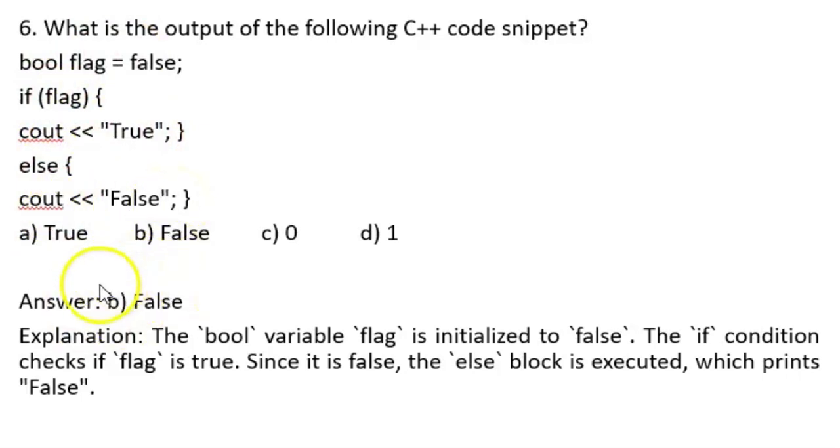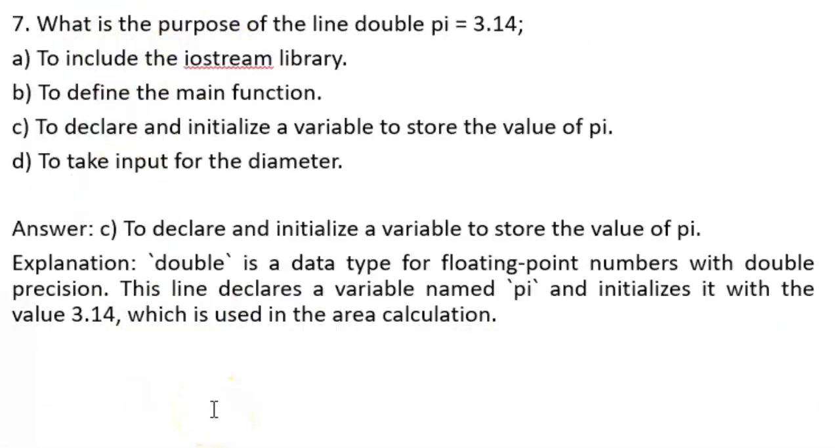The answer is false because the Boolean variable flag is initialized to false. The if condition checks if flag is true. Since it is false, the else block is executed, which prints false.